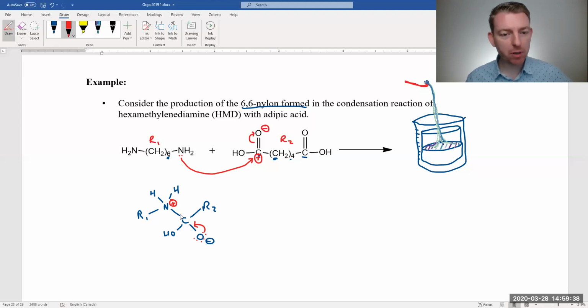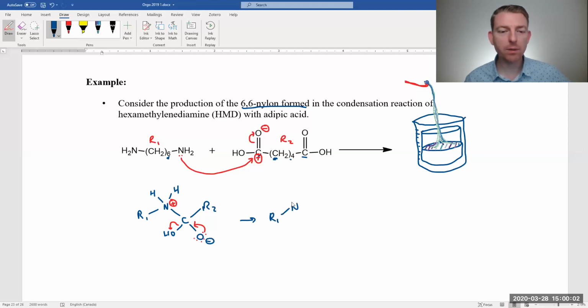Again, if we just pushed off this bond we just made, we'd be back at square one. So instead of that bond getting relieved, because we can't do five bonds on a carbon, one of them has to go, we'll again kick out this hydroxide group to make, so this will be R1.